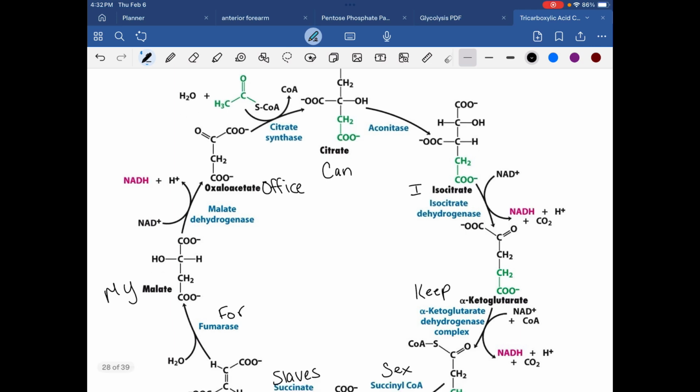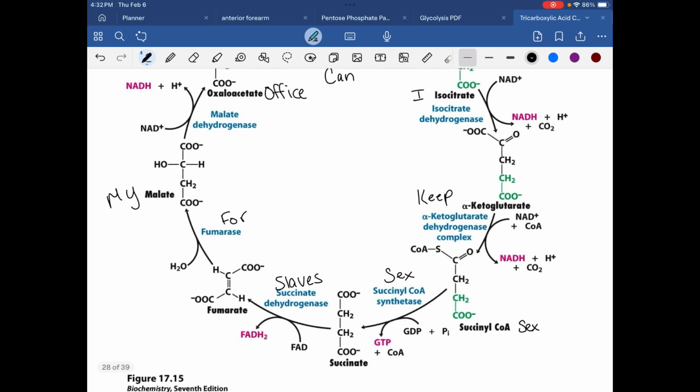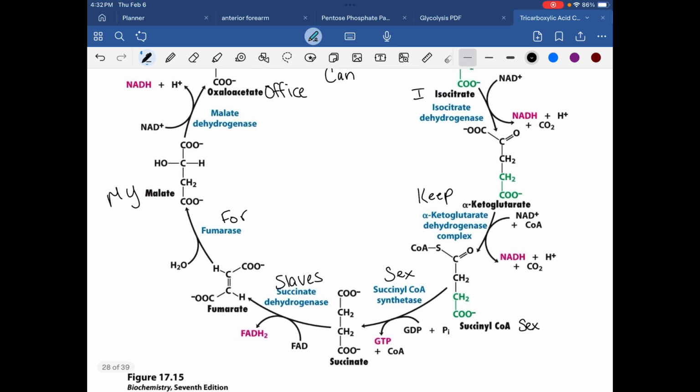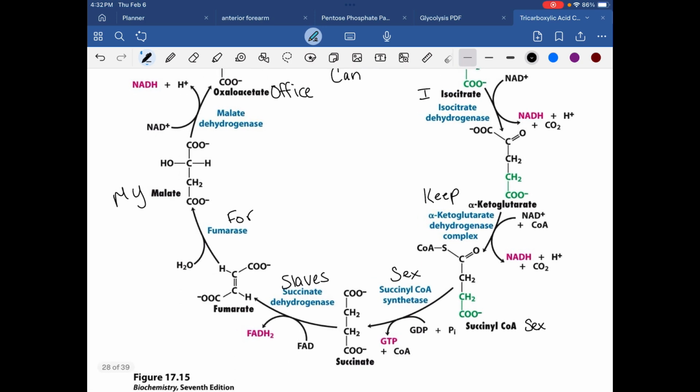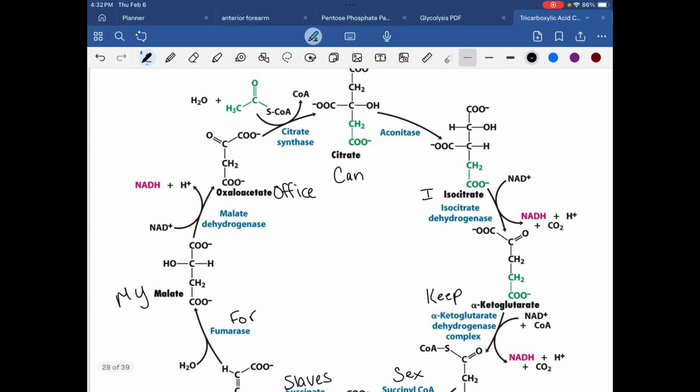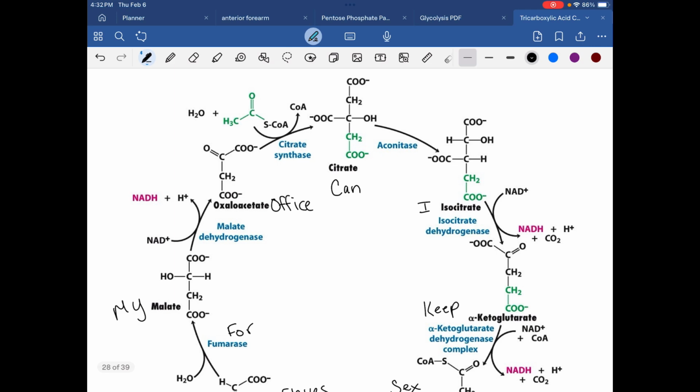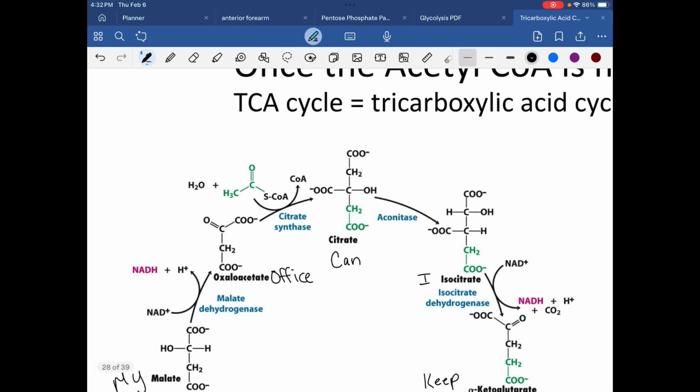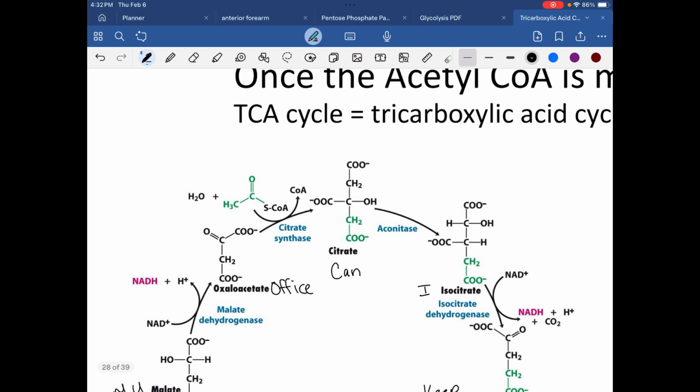C for citrate, I for isocitrate, K for ketoglutarate, S for succinyl, S for succinate, F for fumarate, M for malate, and O for oxaloacetate. Can I keep sex slaves in my office? Some people add a please at the end to represent pyruvate.